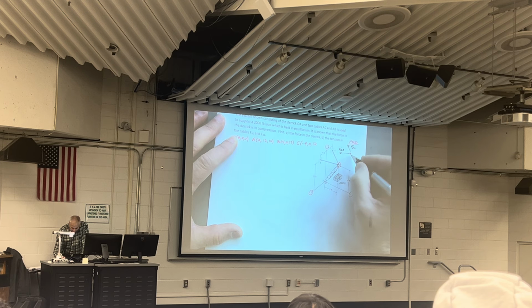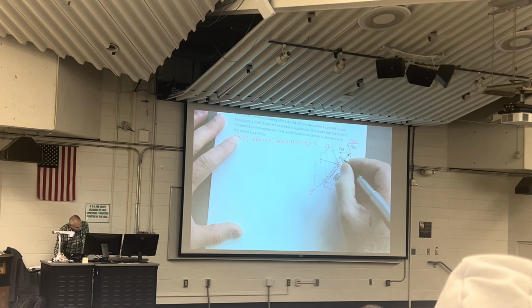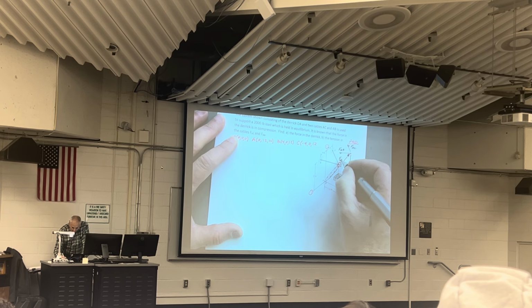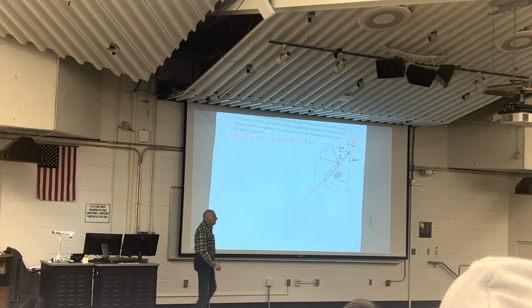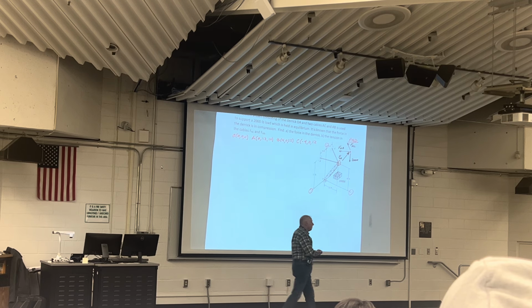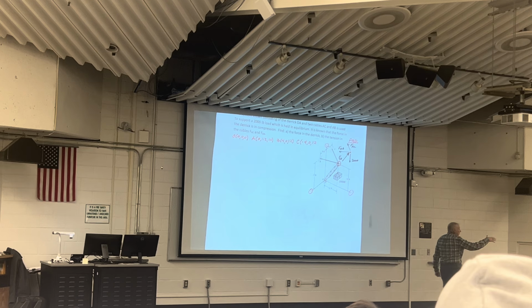Then I'm going to show a weight downward, 2,000. And I'm going to show a force FOA. Notice FOA, I drew in compression, pushing up against. Now, again, these are all guesses.